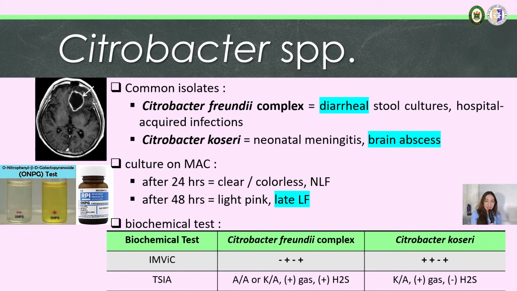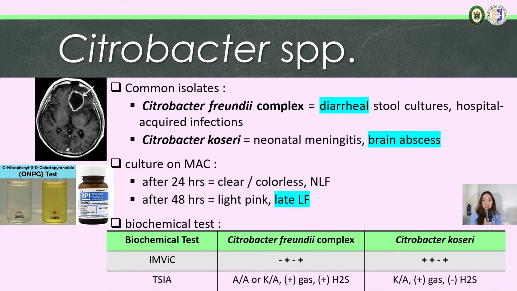Now, being late lactose fermenters, pwede pong magbago ang itsura ng colonies ng Citrobacter depending on how long you incubate your samples. So within 24 hours, they would appear as clear, colorless, and non-lactose fermenting colonies.